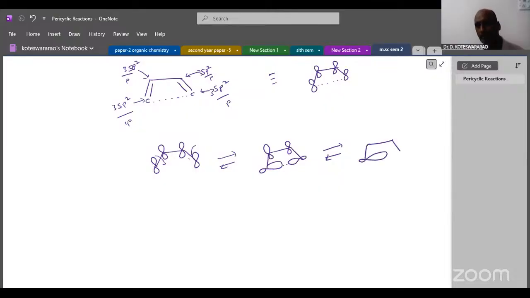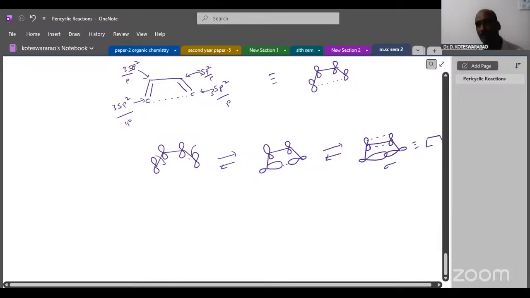When they overlap, they produce a new sigma bond here. At the remaining two carbons, the unhybridized p orbitals overlap and produce the new pi bond here. Now the final product is like this, right?